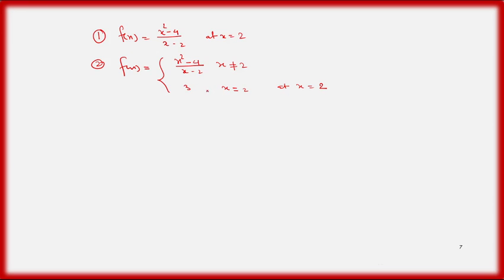That's great. Now the third question, Shishir. The function f(x) is −x² + 3 for x ≤ 4, and simply x² for x > 4, at x = 4.